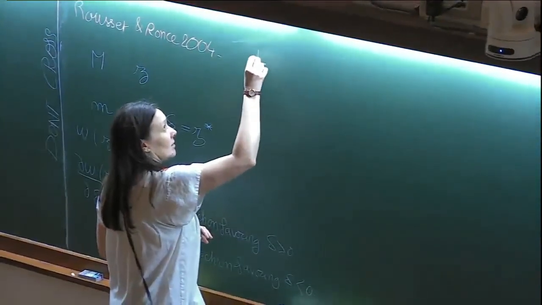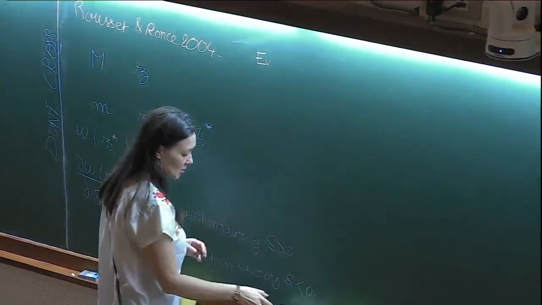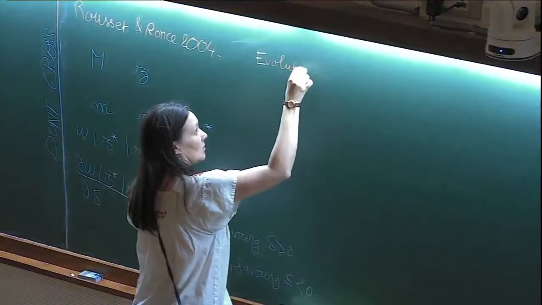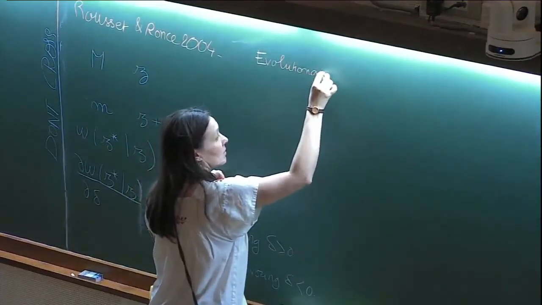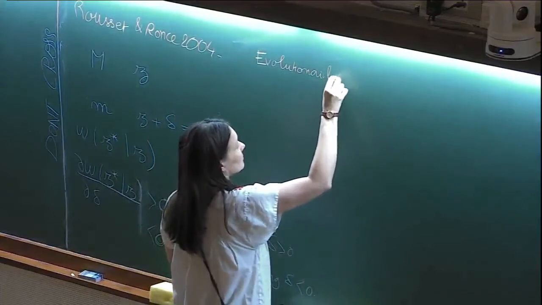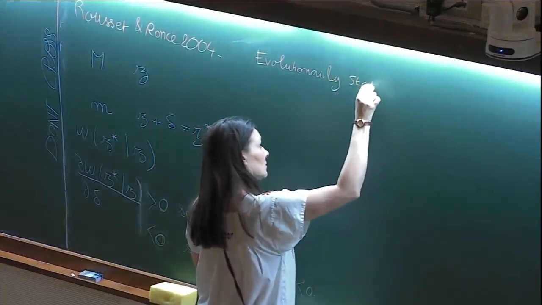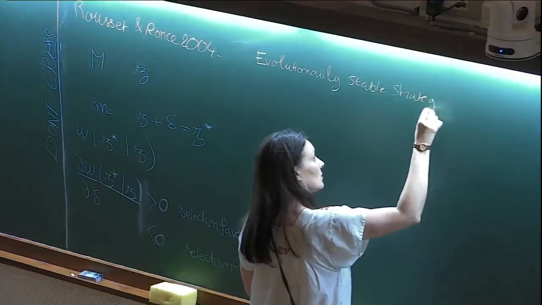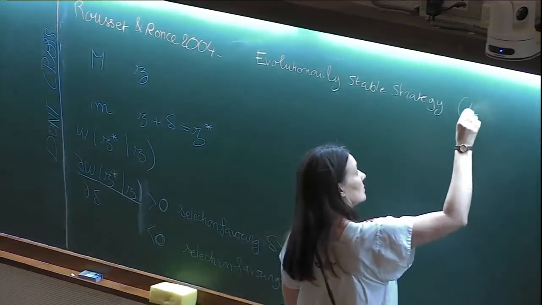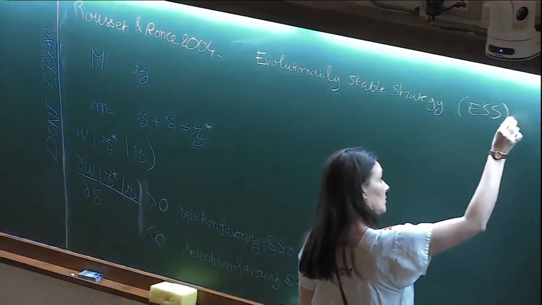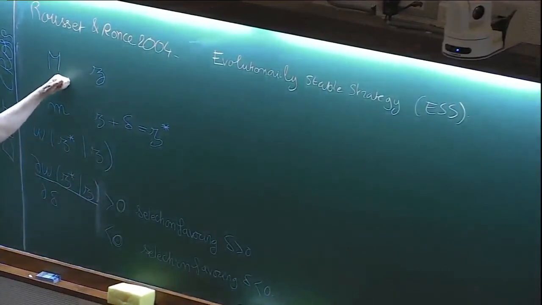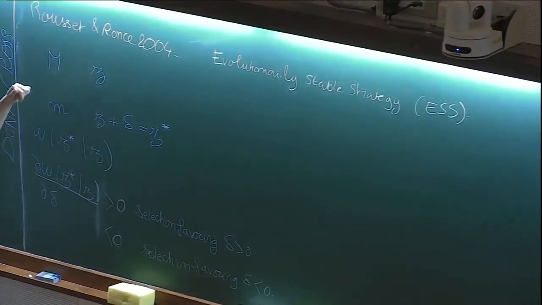And there's another situation, which is that maybe this allele has a dispersal rate that does not allow any mutant to invade.